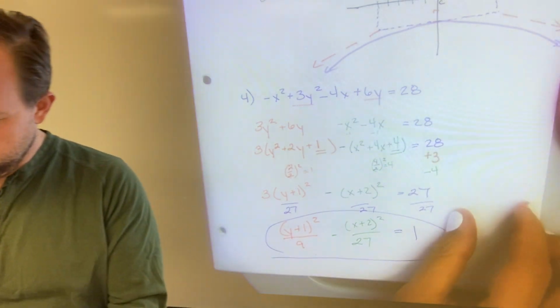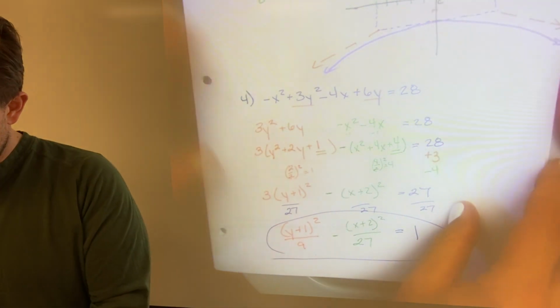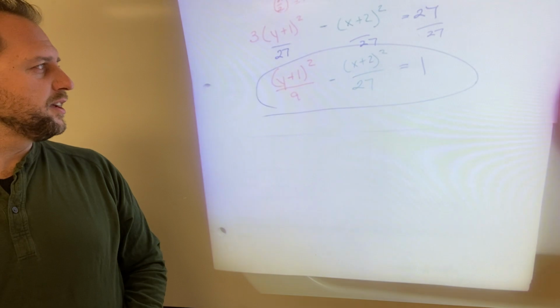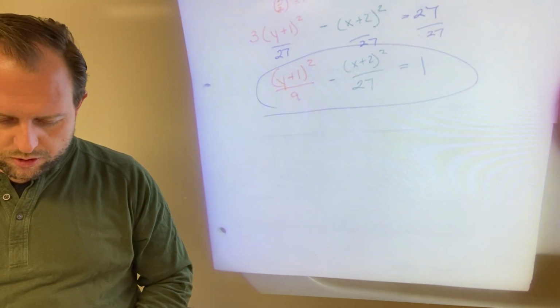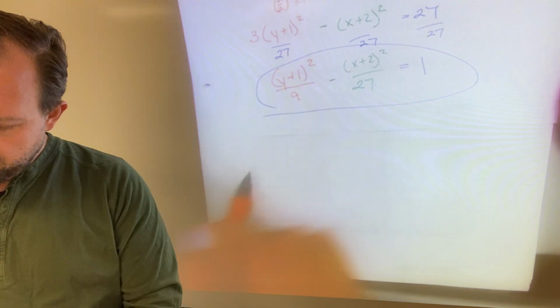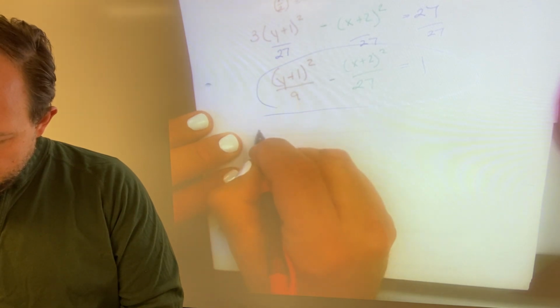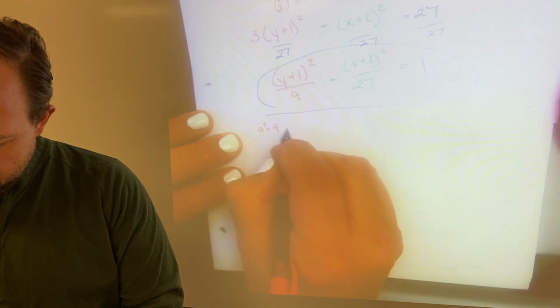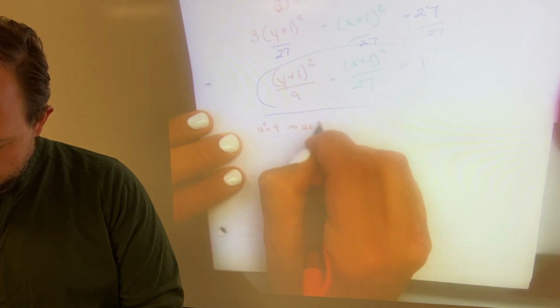Okay, I'm going to need a new sheet of paper, so I'm going to just slide this up so I have some more paper to write on here. Okay, there it is. And now to graph this, remember if a squared is 9, then a is 3.